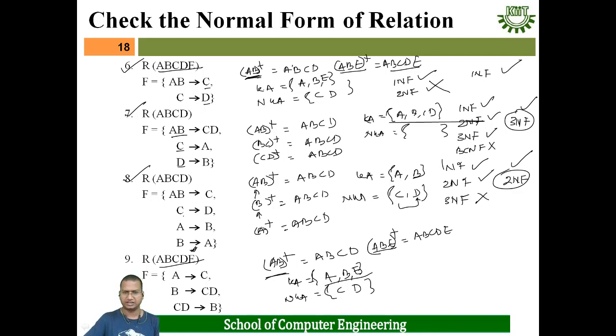Then just check A to C. Yes, it is in 1NF. Check for 2NF: is partial dependency present or not? In this case, A to C is a partial dependency: part of the key determines a non-key. That means partial dependency is present, so it is not in 2NF. That means the highest normal form is 1NF, for question number 9.